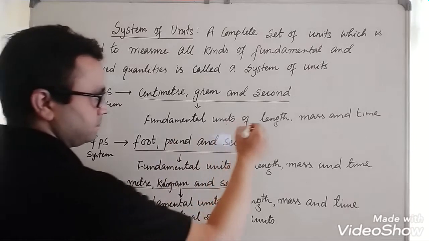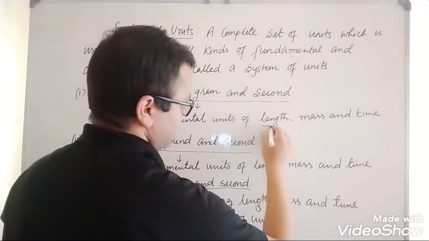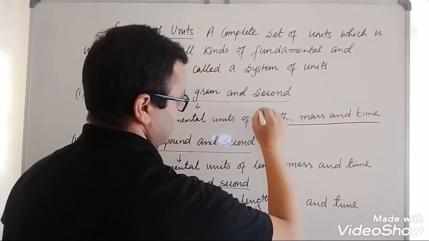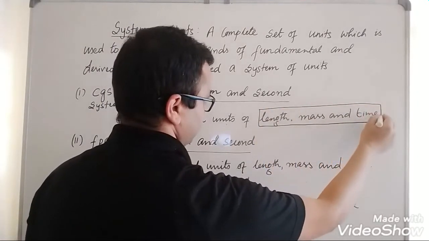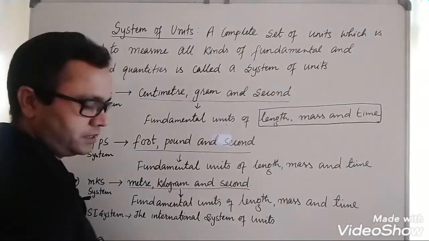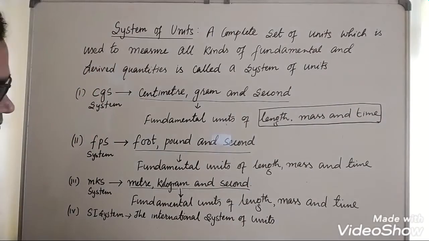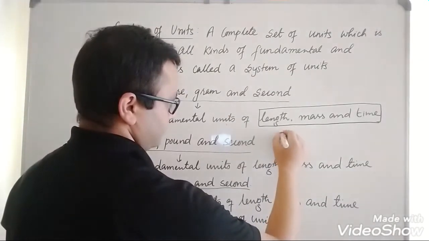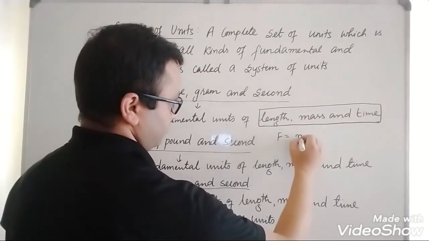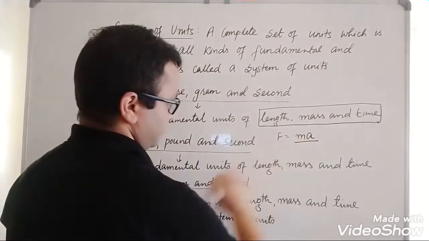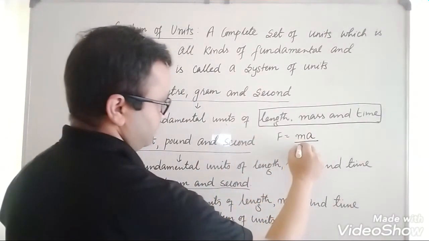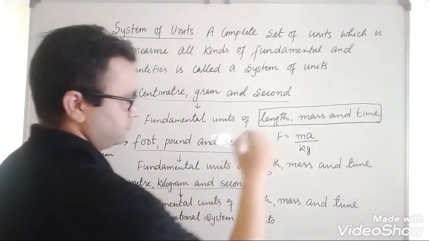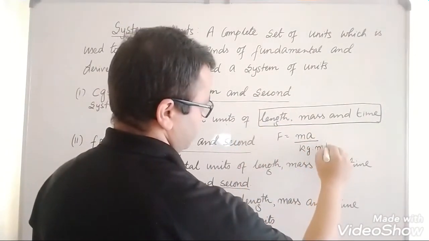So in a system of units, the units are represented by length, mass and time. Suppose we have force equals mass into acceleration. Mass is kg, acceleration is meter per second square.